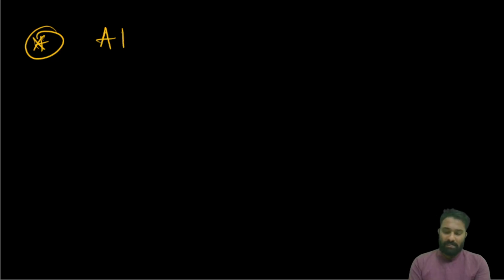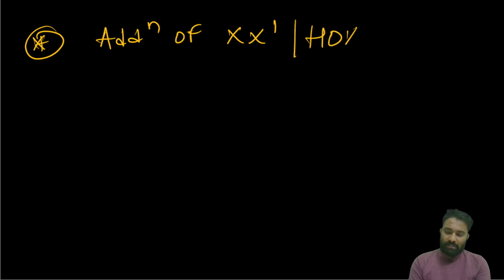Addition reactions of X and X dash, meaning two different halogens, like HOX or NOX. If this type of reagent is given, how do we do the addition reaction one by one? Now we'll see.